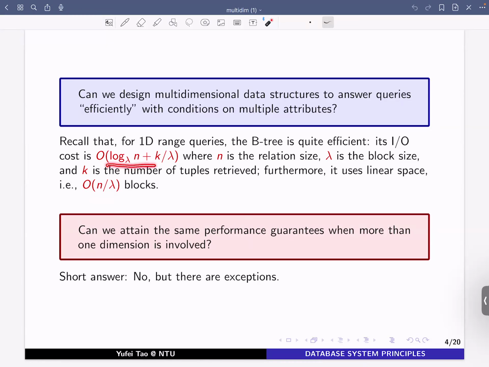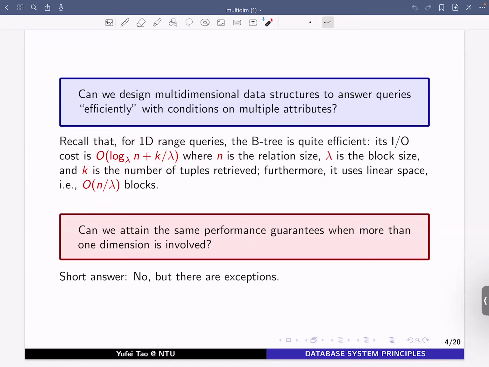Right. So the B tree is such a data structure, and it's able to process any range query with this IO bound. If you look at these two terms, this is the height of the tree, and this is how many IOs you have to read in order to report all the tuples in the result.